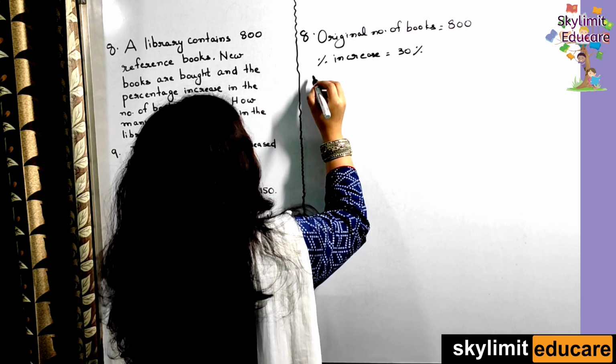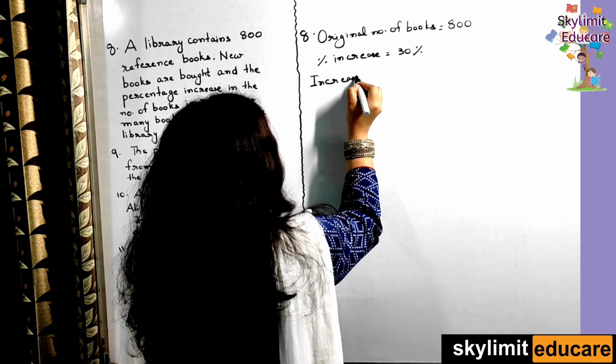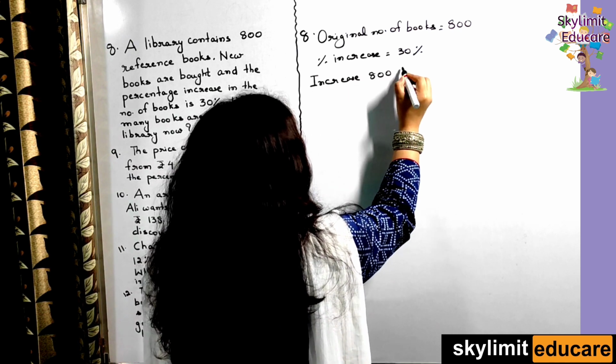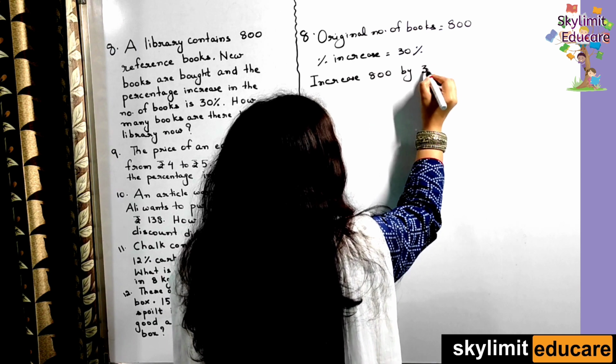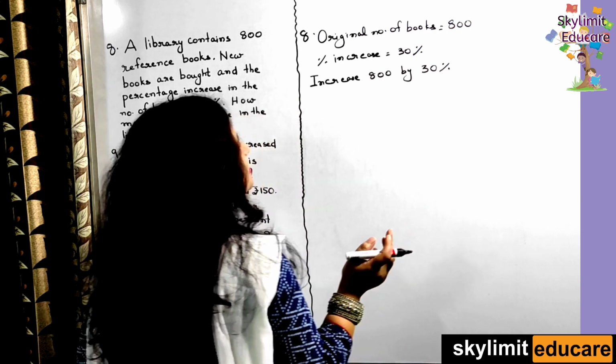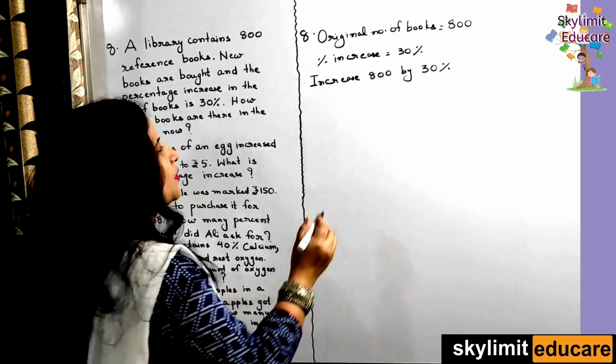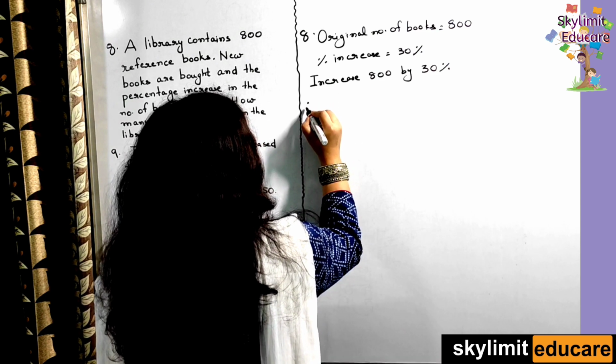This question is very similar to: increase 800 by 30%. 800 is the old value and there is an increase in the number of books by 30%. So we can directly find it now.